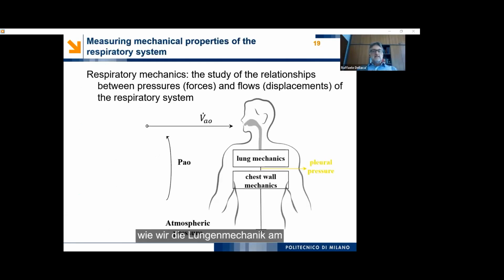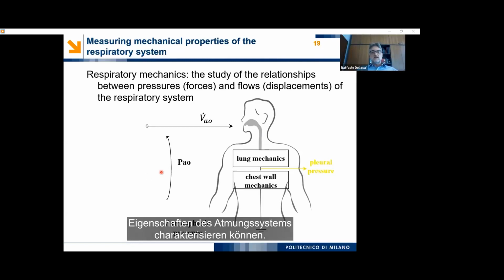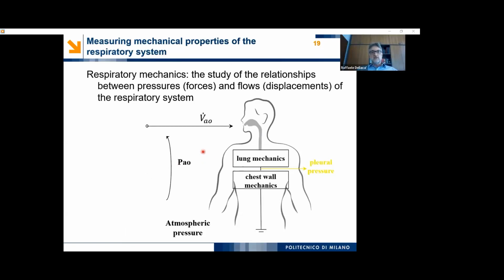So let's see how we can measure lung mechanics at bedside and optimize ventilation. Let's start with the concept of what respiratory mechanics is. How can we characterize the mechanical properties of the respiratory system?